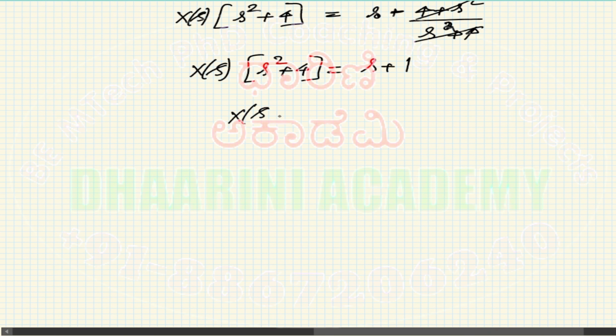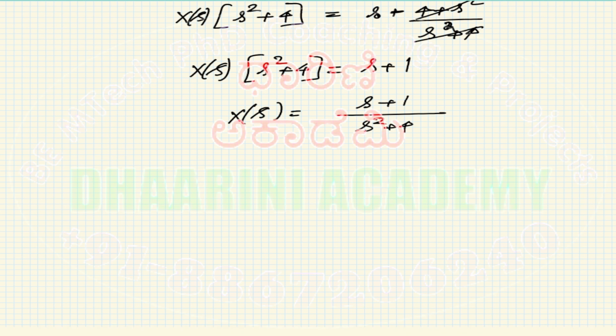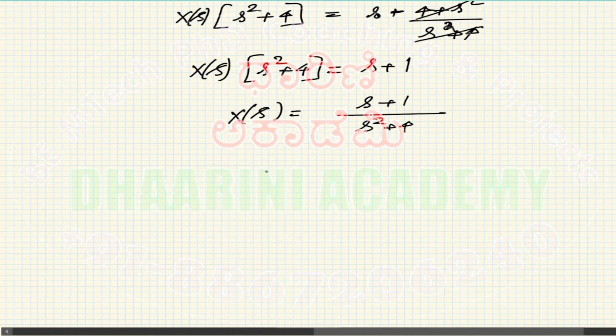Correct. Therefore x of s is equal to s plus 1 over s square plus 4. So any method is fine. It looks like a standard one. We can directly come back to it. So how do you write this? Therefore x of s is equal to, you will split it, right?